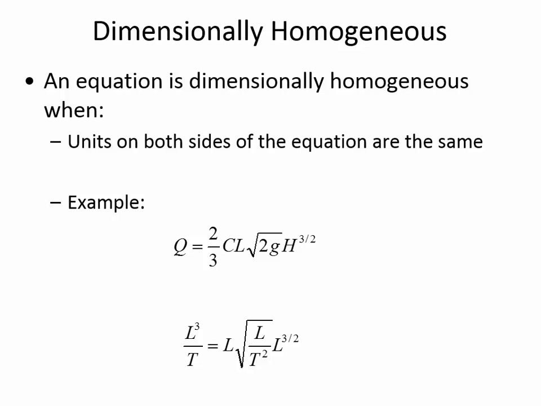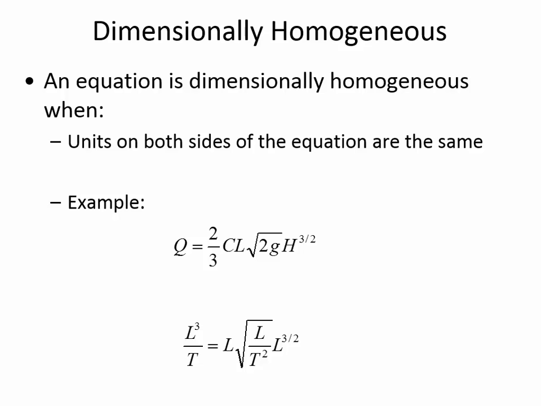The first thing from Chapter 8 that I want to tell you about today is a concept that's called dimensional homogeneity. Most, if not all, of the equations we've looked at this semester are dimensionally homogeneous, which means the equation has the same units on both sides.